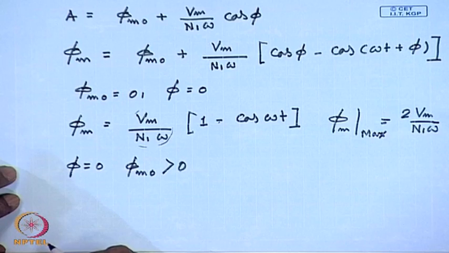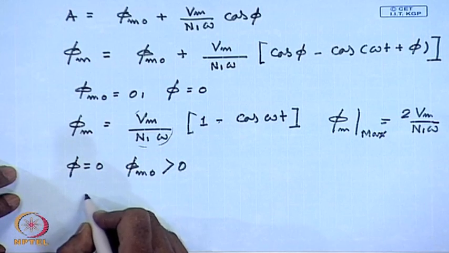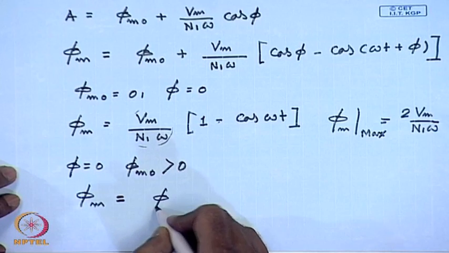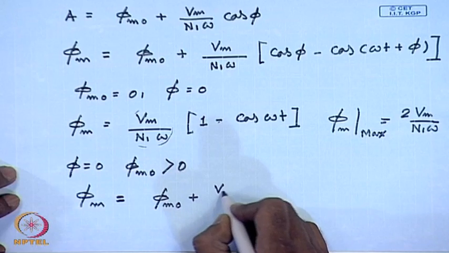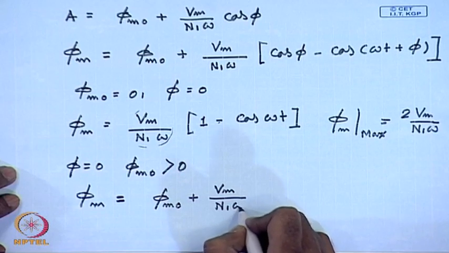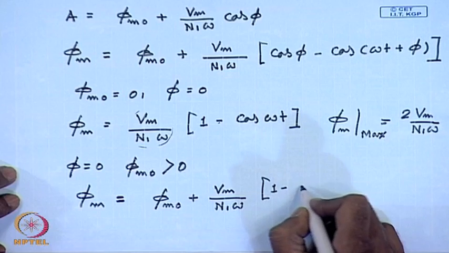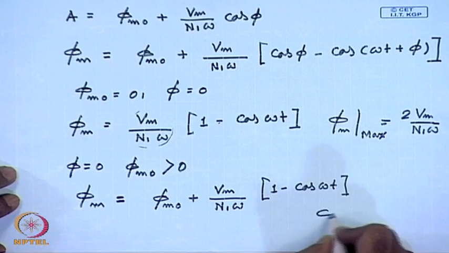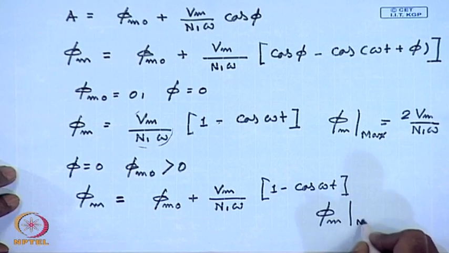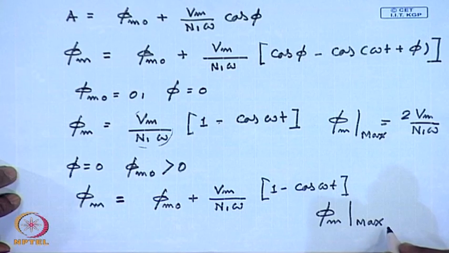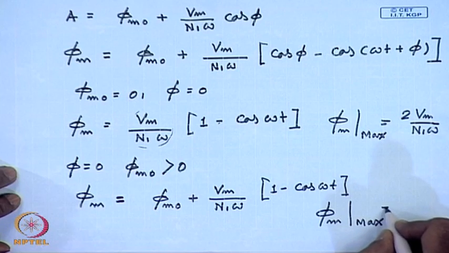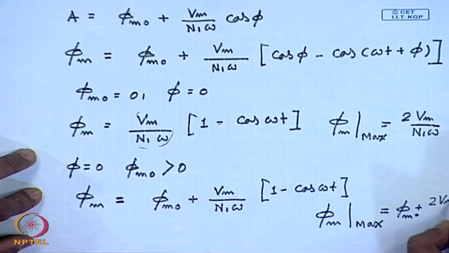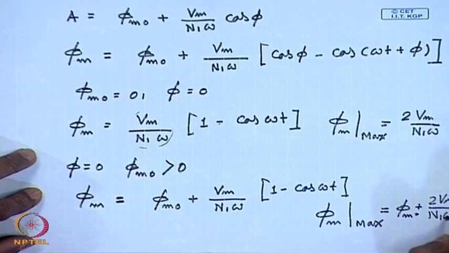in which case phi m will be phi m 0 plus V m by n 1 omega times 1 minus cos omega t, and phi m max can be equal to phi m 0 plus 2 V m by n 1 omega.